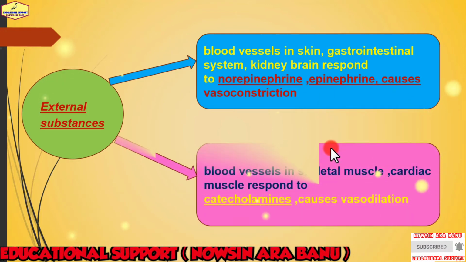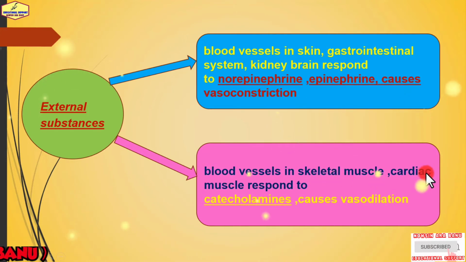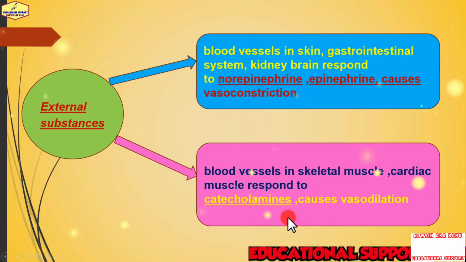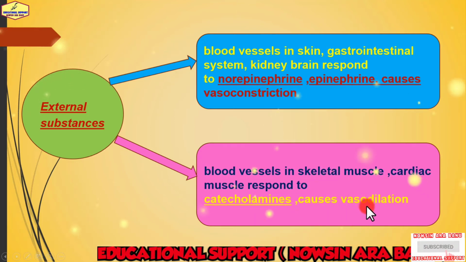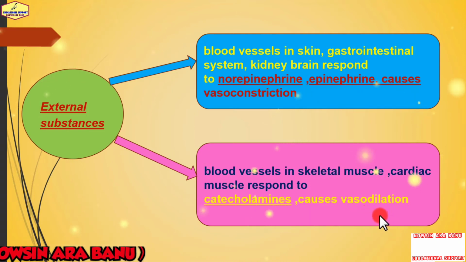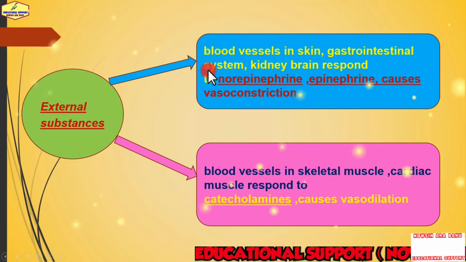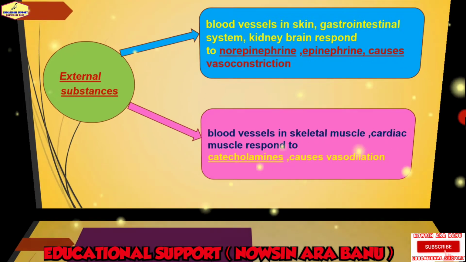But blood vessels in skeletal muscle and cardiac muscle respond to these catecholamines by producing vasodilatation because they possess beta adrenergic receptors. So there is a difference in distribution of various adrenergic receptors.